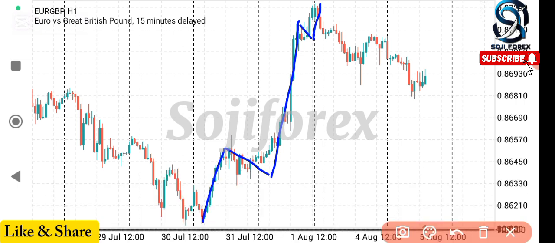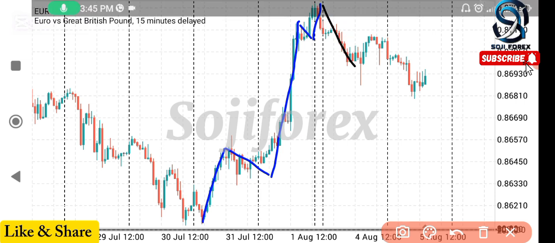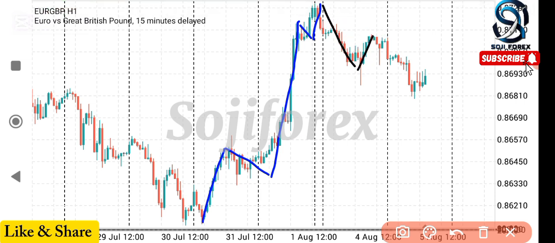Price now came down and began to give us what? Lower low, lower high, lower low. So you can see this is exactly how price behaves in a real market scenario. So here is our break of structure.